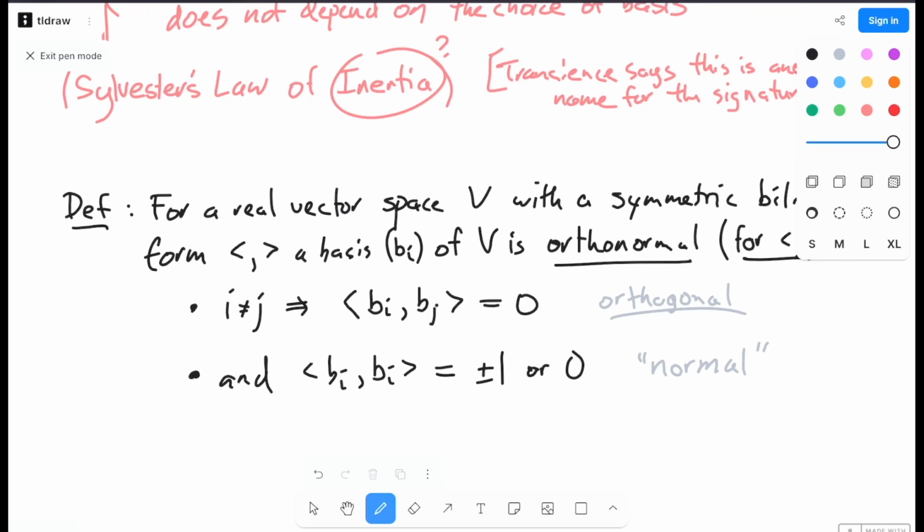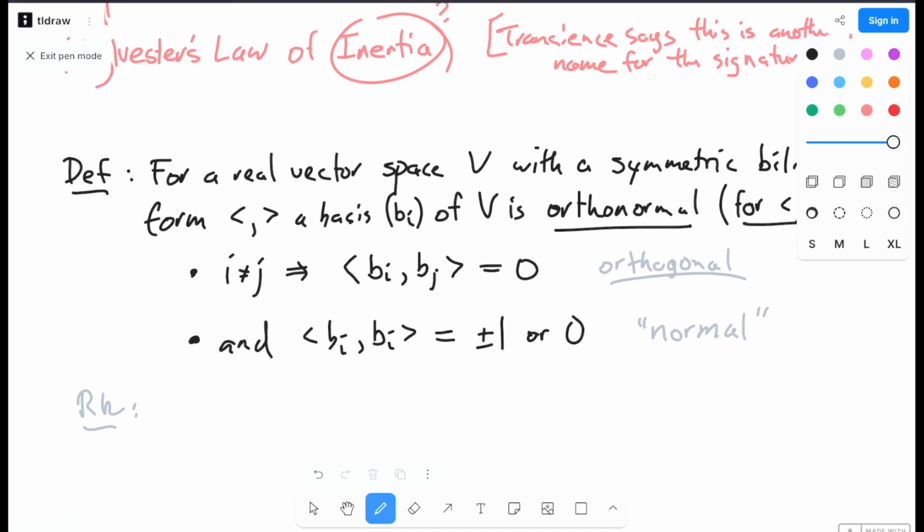It is worth noting that, just like in the inner product case, there's no essential difference between having an orthogonal basis versus having an orthonormal basis.